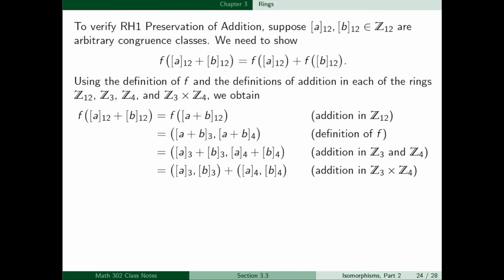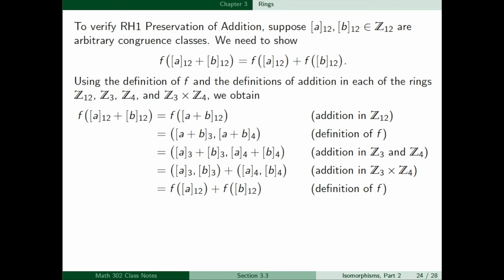And that follows from the addition in Z3 cross Z4. And so this will be equal to f of the class of A in Z12 plus f of the class of B in Z12. Okay, so in the next to the last, that follows from the definition of f.